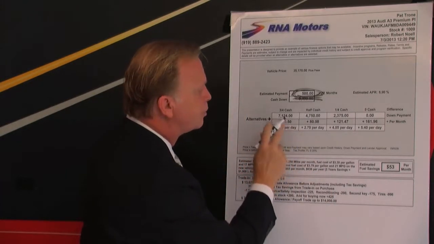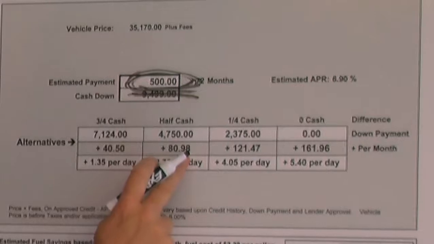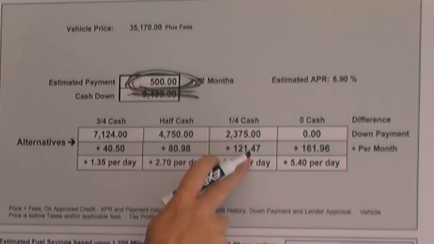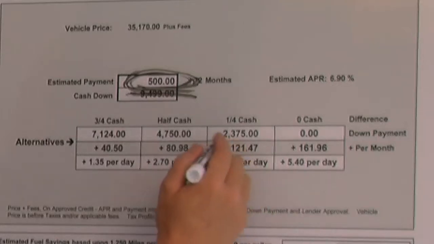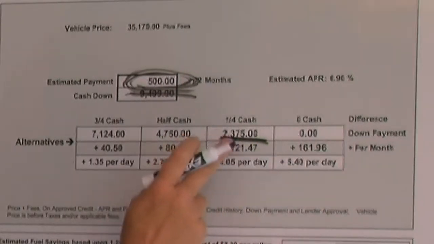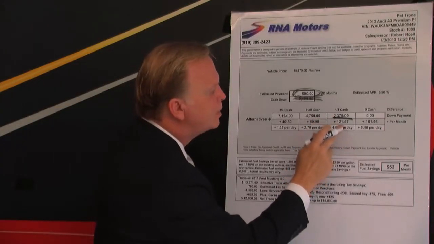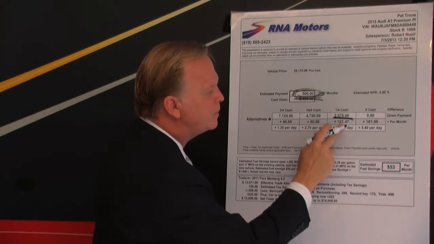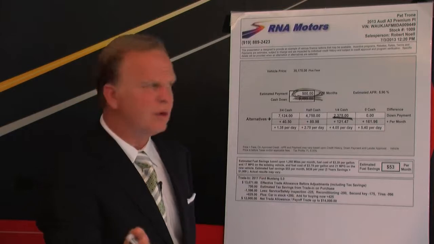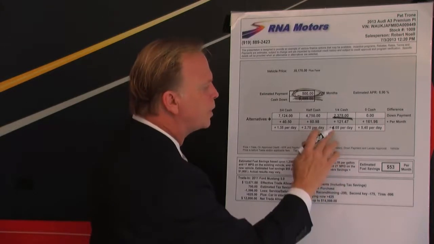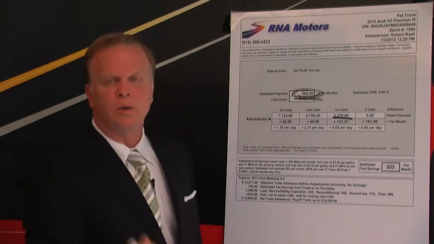We ran this with 3/4, half, and just 1/4 down. You see, if you could put down just $2,375, if you could just put this much money down, your payment's only going to go up $121 more a month. All right, that's really just $4.05 more a day.